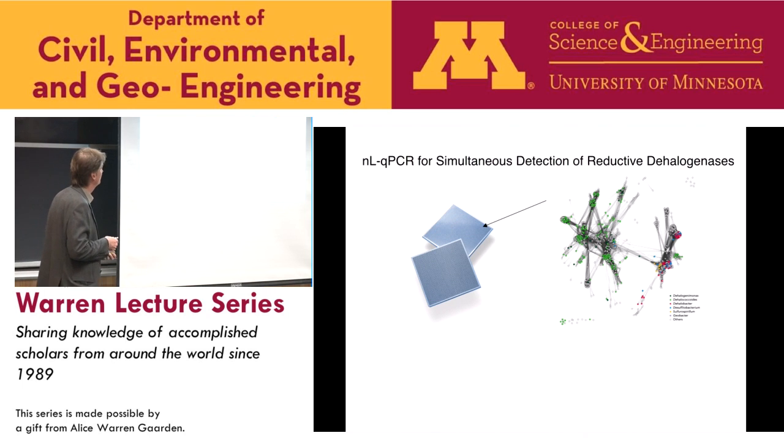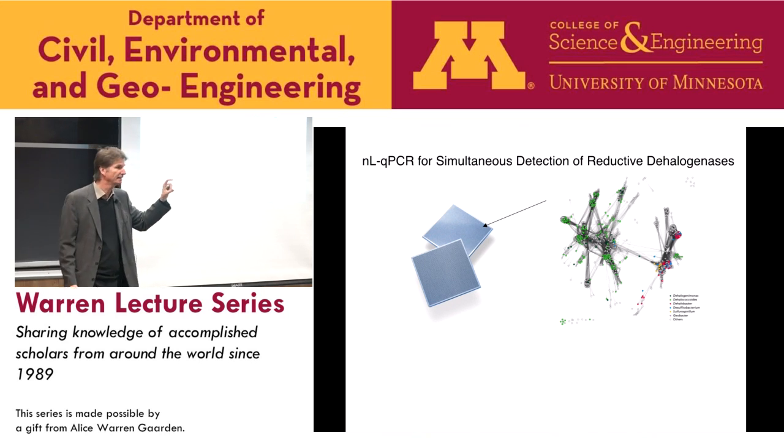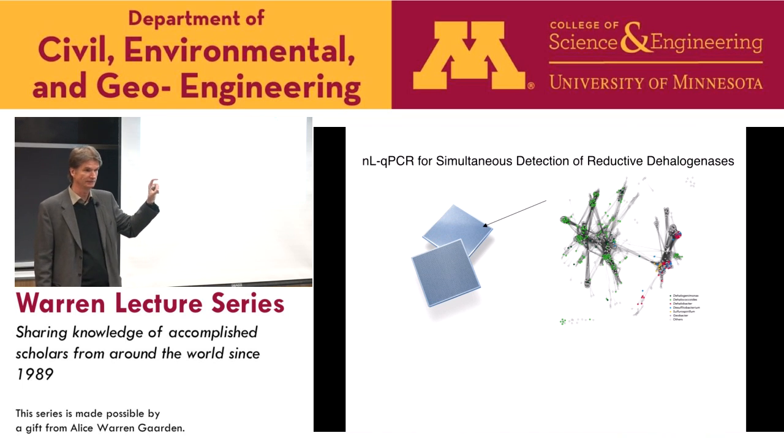We decided to use a nanoliter qPCR platform. This is a platform based on nanoliter qPCR developed by a company called Wafergen. These are chips that are exactly the size of a Ghirardelli chocolate bar, and each contains more than 5,000 nanoliter wells. You can deposit in each well a specific primer sequence that you can then use in a quantitative PCR assay.